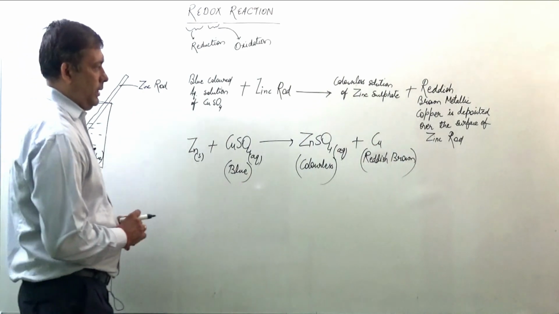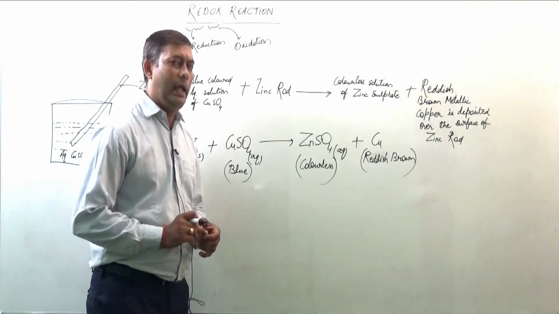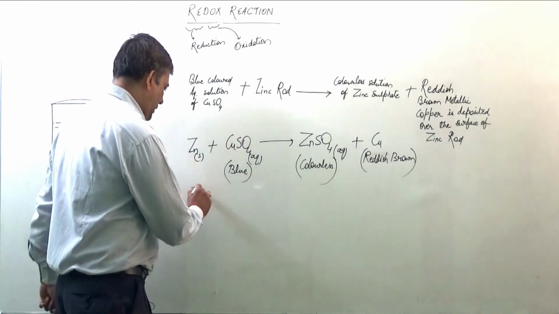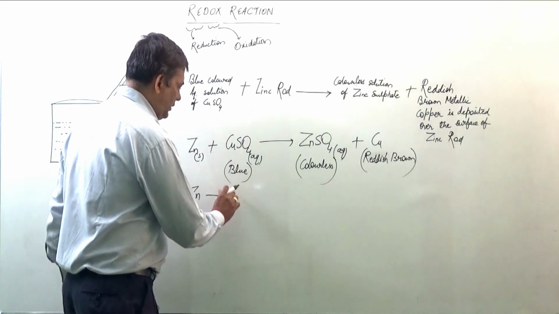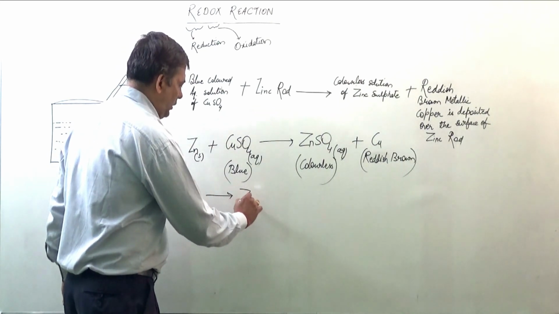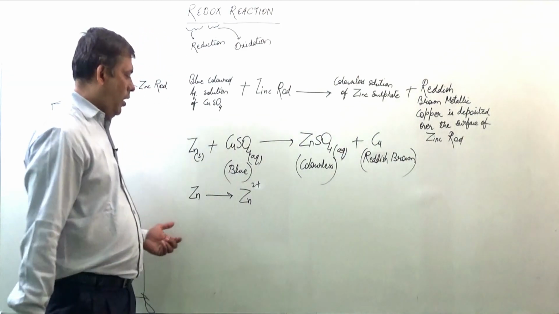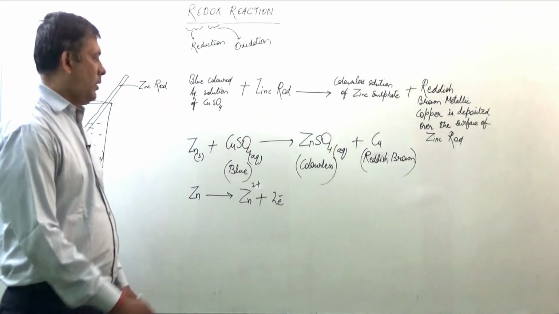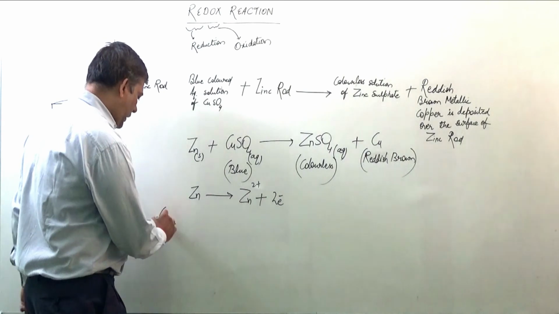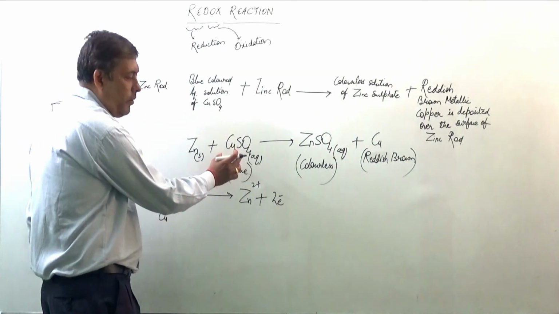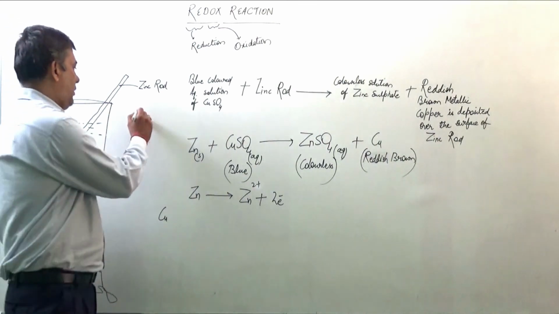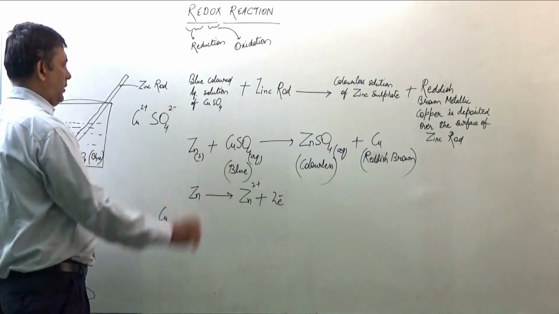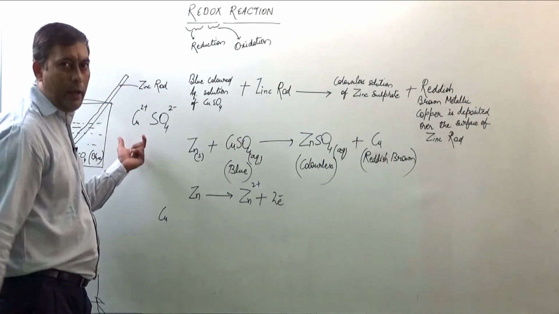It means that zinc and copper are actively participating in this reaction. The zinc in this reaction is converted into zinc ion, Zn2+, by losing 2 electrons. On the other hand, copper is present in the form of an ion, Cu2+, and sulfate is 2 negative; both are joined with the help of an ionic bond.